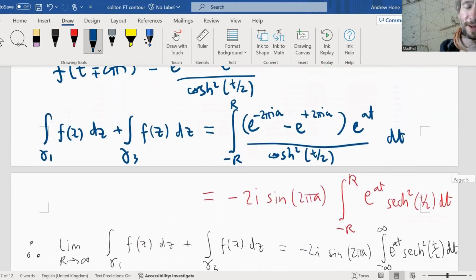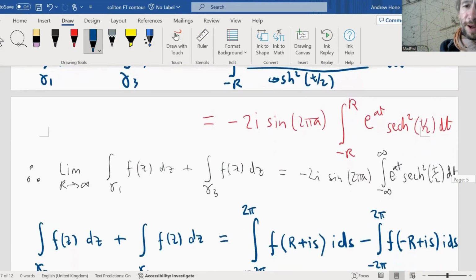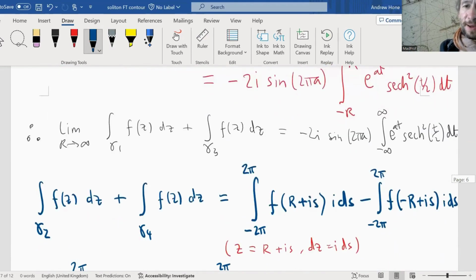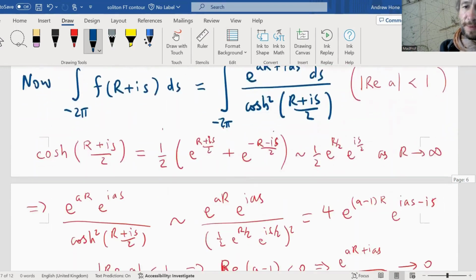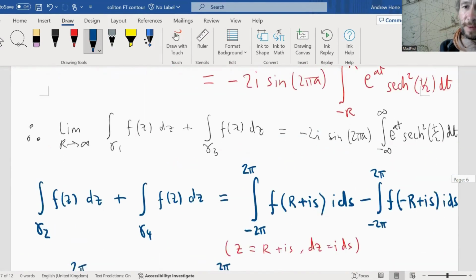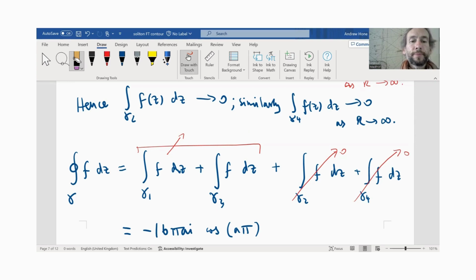Going back to here, we got -2i sine 2 pi a, so this is -2i sine of 2a pi times the integral that we want to work out.